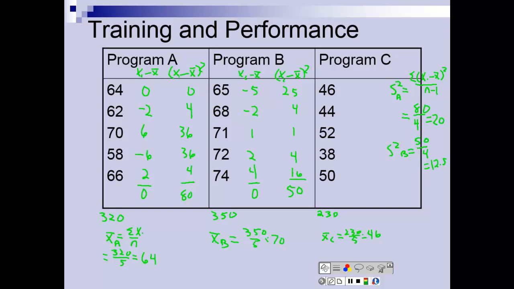And then for program C, subtract 46. That's 0. Square them. It's like 120. So S squared C is going to equal 120 divided by 4, and that's 30.